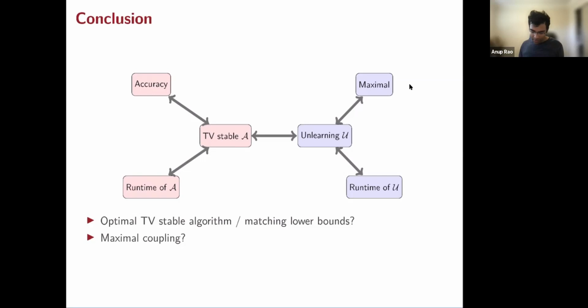There are some open problems here, like matching the upper bound with a matching lower bound. What is the best accuracy we can get for a rho total variation stable algorithm, and can we construct a maximal coupling instead of a near maximal coupling? Yeah, that's all I had. Sorry for going over by 2 minutes.